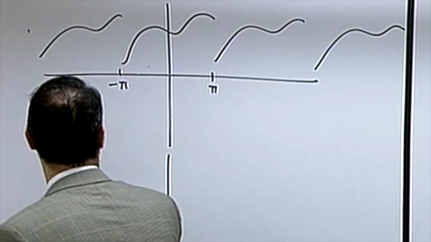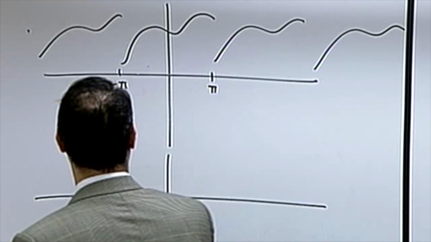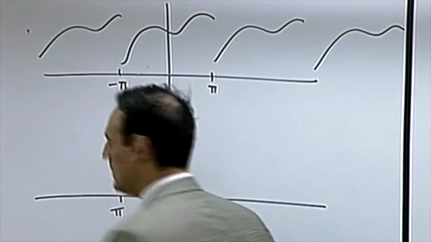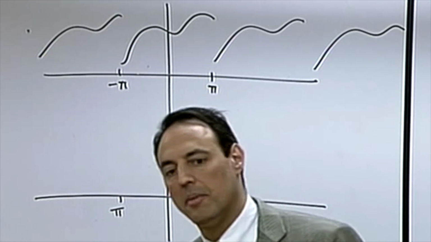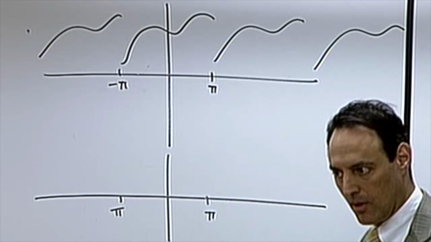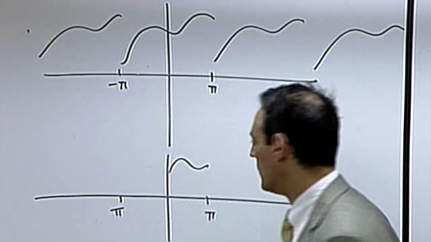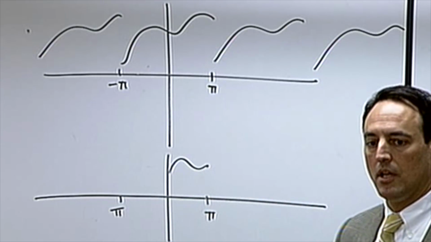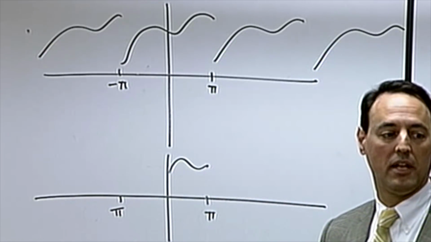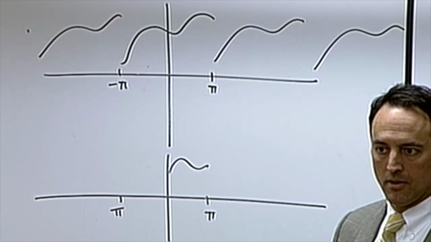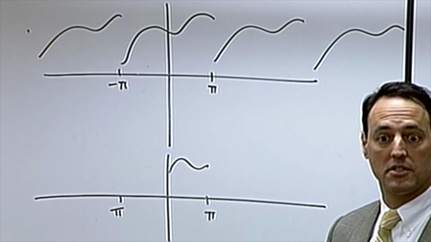However, there are other things to do. There may be constraints that you have that are specific to your problem, where I can look at a function on an interval 0 to pi, and I can do things like I will only expand in cosines. Now, if you only expand in cosines, cosine is an even function.